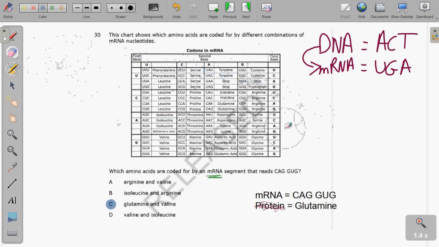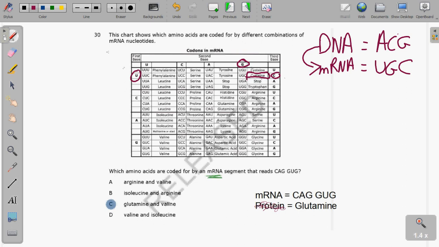Let's change that and let's say this was G. And so now the G would bond to a C. So we're going to put a C here. And so now let's look for UGC. So here's U and G and C. So that codes for cysteine.